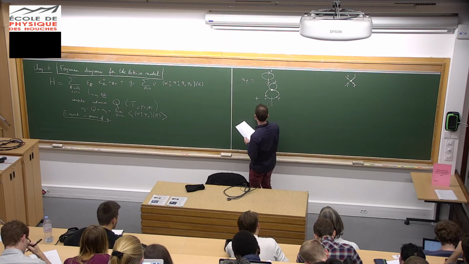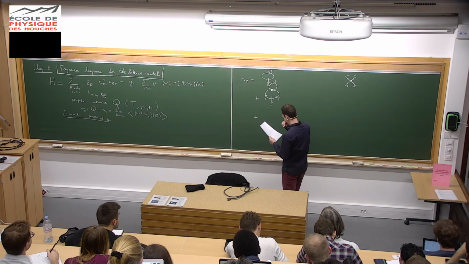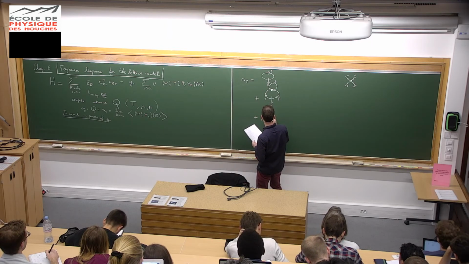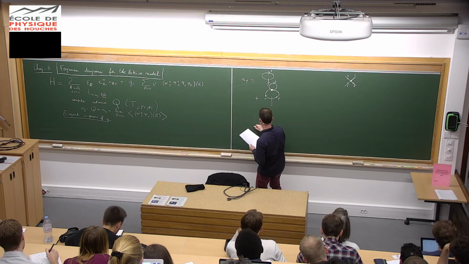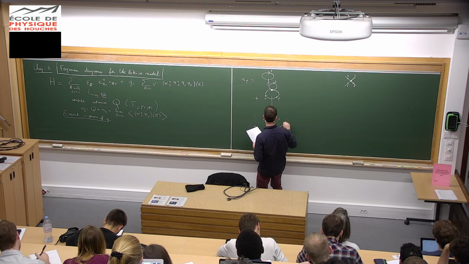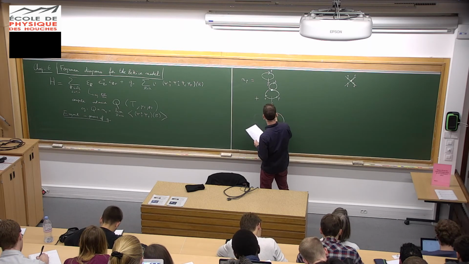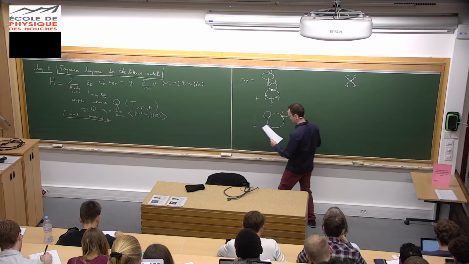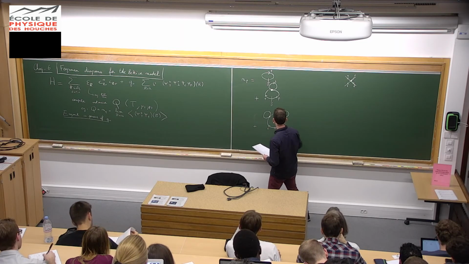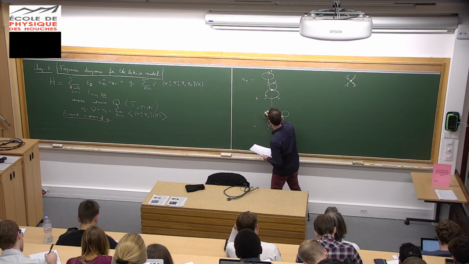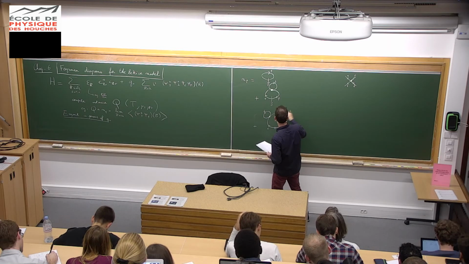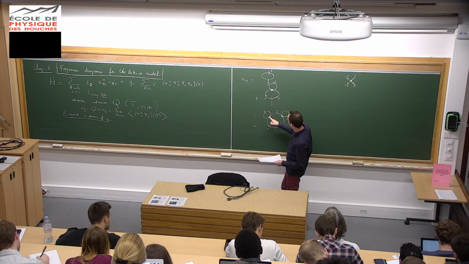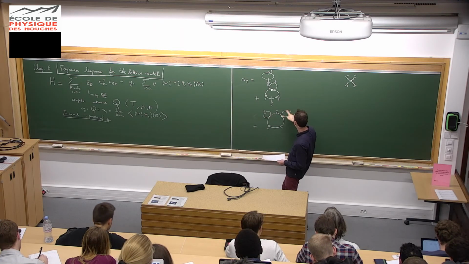So let's continue a little bit the exercise. So let's draw the next diagrams. I need a bit of space. So there is this one, which looks like a Mickey Mouse. Our particle is created here, then it interacts with a spin down, and then with another spin down.